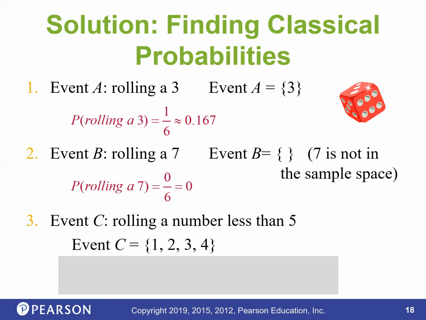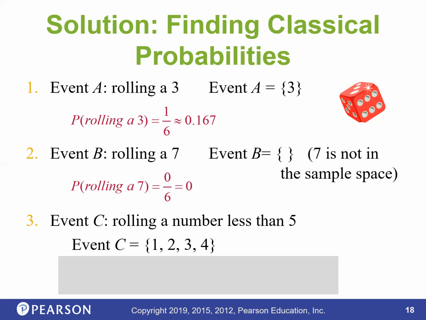Okay, and then rolling a number less than 5. So this is where our E value comes in. If you want to, you can sort of think to yourself, okay, what are the different possibilities for that to be true, right? So I roll a 1, I roll a 2, I roll a 3, or a 4, that would happen.